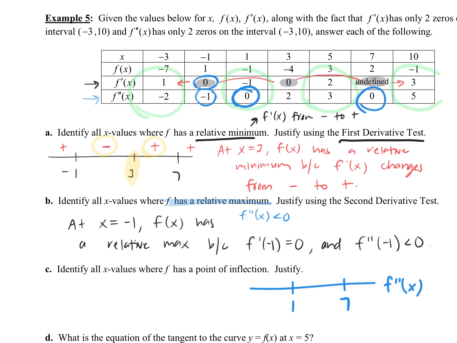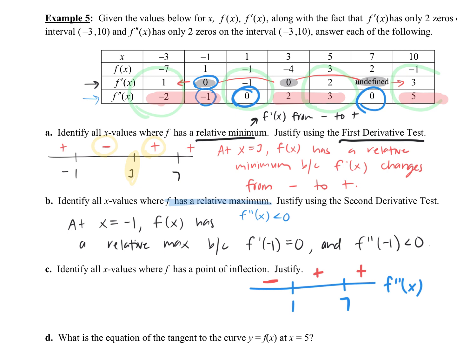Then I'm going to look at what is happening in between all of those intervals. Is it positive, negative, or 0 for my second derivative? If I look to the left of 1, are those values positive or negative? Negative. So I'm going to put a little negative sign there. In between 1 and 7, positive. And to the right of 7, positive.